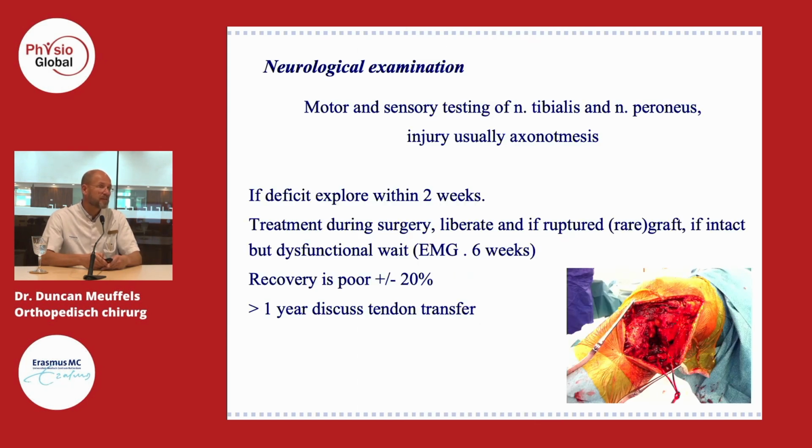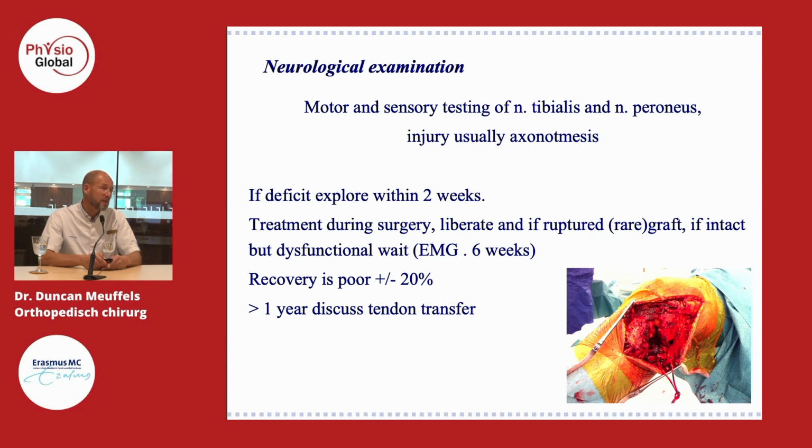On top of that, especially if there is a varus trauma and there is lateral damage, neurological examination is vital. So test the tibial nerve and the peroneal nerve. If it is damaged and you have loss of strength or sensation loss, explore it within 2 weeks is what the AAOS recommends. And if during surgery it is obstructed, liberated, and if ruptured, grafted.